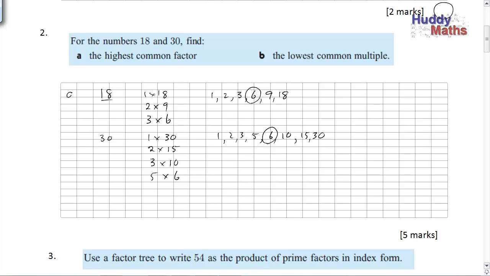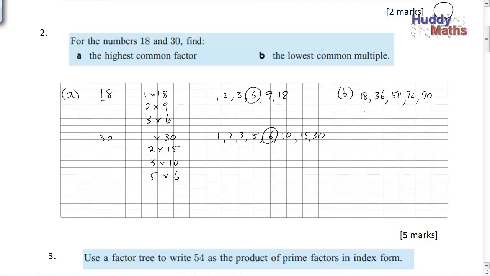Okay, so this is part A, and if we go to part B, the multiples, it's 1 by 18 is 18, 2 by 18 is 36, 3 by 18 is 54, 4 by 18 is 72, 5 by 18 is 90.